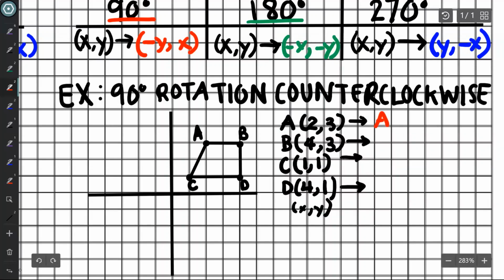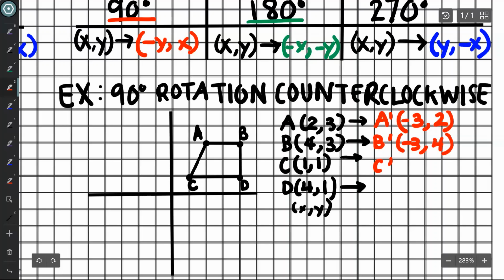So A prime is going to be 3 first, but we have to make it the opposite, so -3, 2. B prime, same thing, we're going to switch. So instead of having 4 first, we're going to have 3 first. We're going to make that negative as well. We rewrite that so it's a little neater. Followed by 4.